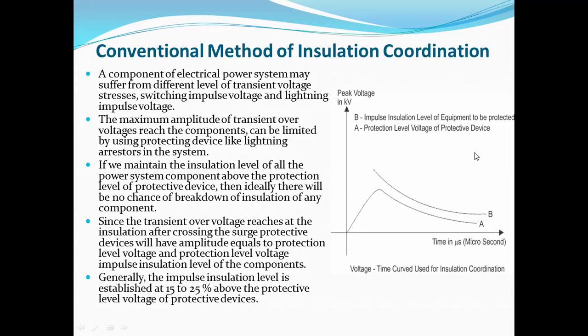Characteristic A is the protection level voltage of the protective device, and characteristic B is the impulse insulation level of the equipment to be protected.